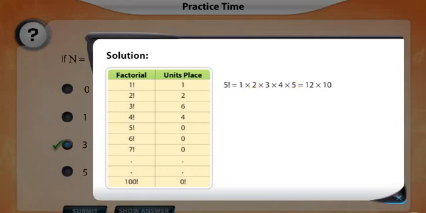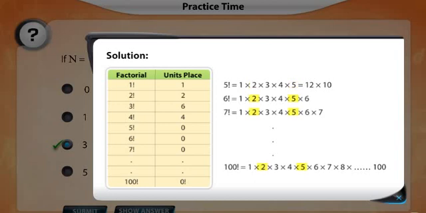And since factorials starting from 6 to 100 factorial also satisfy this property, all of them end with 0. Thus, the units place of the given sum can be obtained by adding units places of factorials up to 4. This gives us a result of 3.